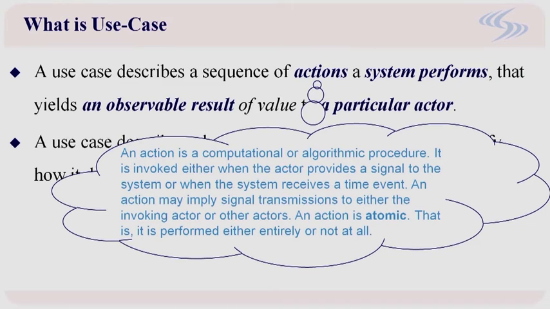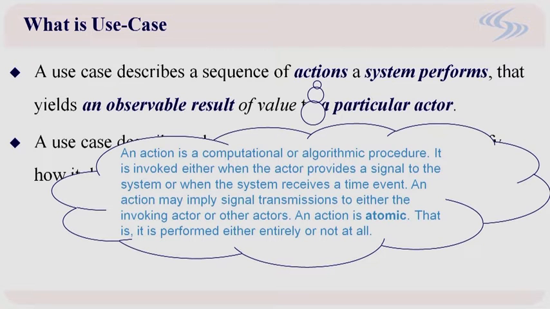Let's discuss in detail the actions that will be done by the use case. An action is a computational or algorithmic procedure. It is invoked either when the actor provides a signal to the system or when the system receives a time event.